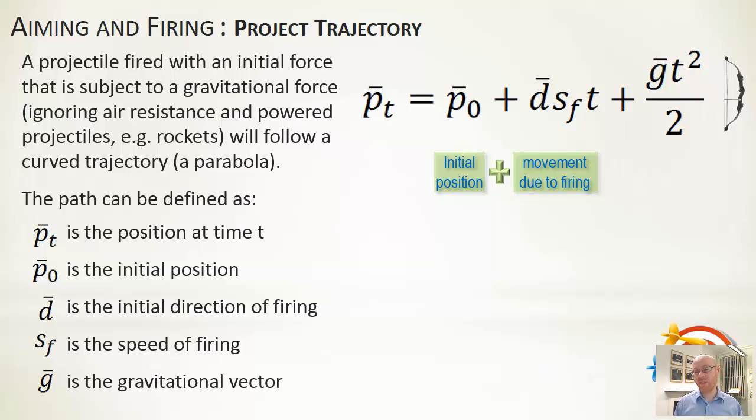We're saying that the velocity times the amount of time that has elapsed is one of the components of the position, and that makes sense. If I throw it from point p0, then after 1 second it's going to have moved a distance of sf, the speed, in the direction d that I have defined. So all we're doing is simply defining that straight line motion.